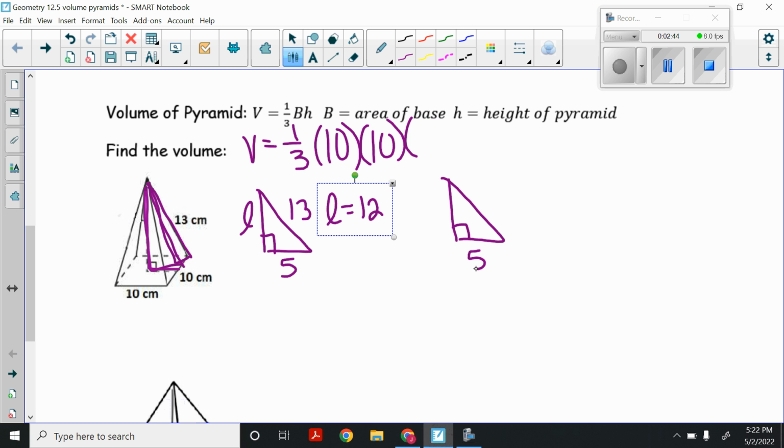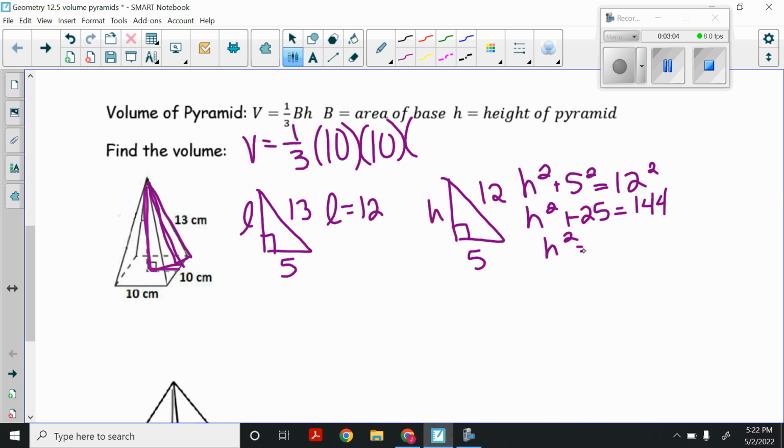This is still 5. Now my hypotenuse is a 12, and I'm looking for the height of the actual triangle. This is not a triple, so I have to do Pythagorean theorem. So h squared plus 5 squared equals 12 squared. So I get h squared plus 25 equals 144. Subtract 25 from both sides, and I get h squared is 119.